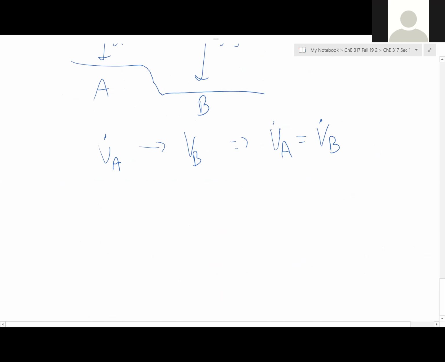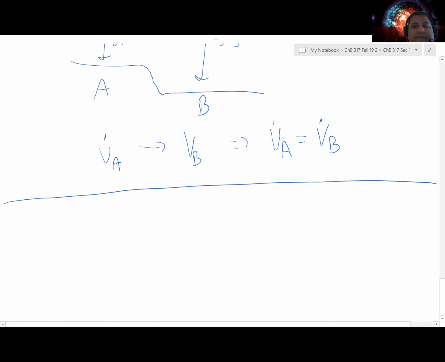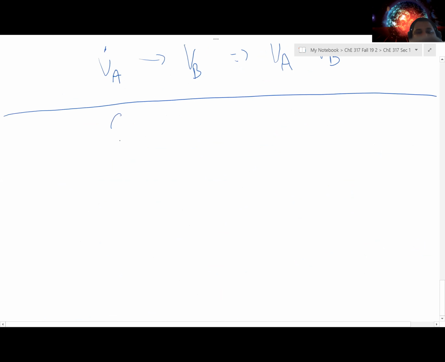Okay. All right. So that wraps up my introduction to mass balances, which means we get to start looking at and discussing energy balances in fluid mechanics.